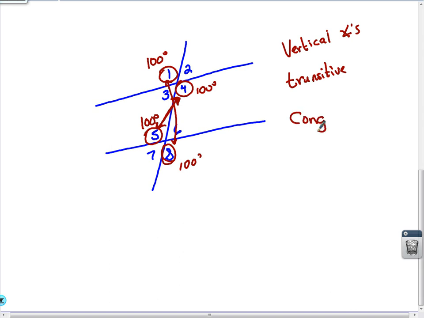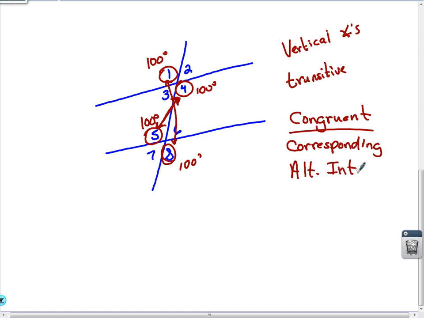What angles are congruent? I'd probably put this somewhere on my paper. Well, let's start with the one that they gave us. First off, we know corresponding. That's a postulate. Corresponding angles will always be congruent. Alternate interior angles will always be congruent. Alternate exterior angles will always be congruent.